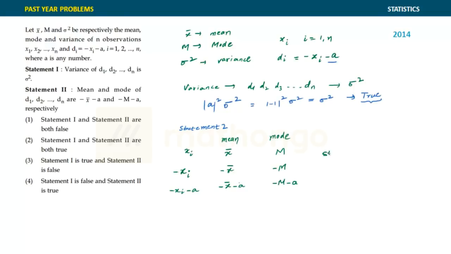Whatever you do to the observations is analogously applied here, and statement 2 says the same. So statement 2 is also true. Both of them are true in this particular question. As simple as that, you can fetch the 4 marks completely free, no hard work required.